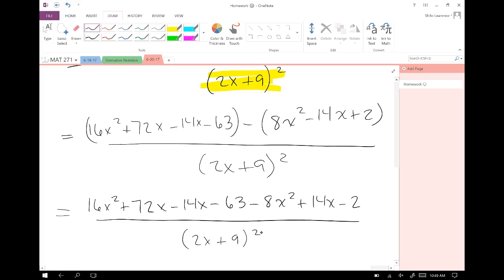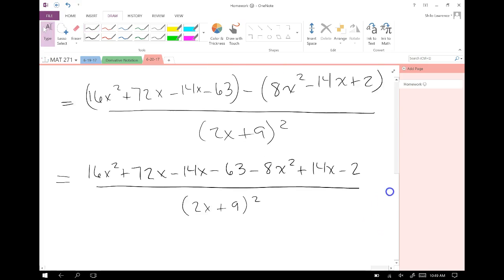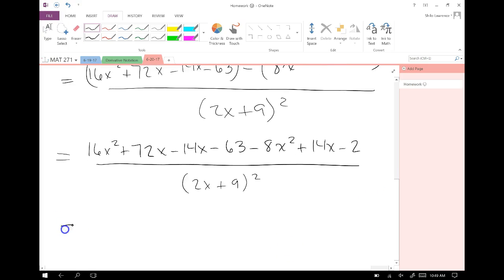You'll always have that original denominator squared in the bottom. I would just leave that one alone. But how many total x squareds do we have? We've got 8 of them, because there's 16 here, and then minus 8 of them there. So we've got a total of 8x squareds.